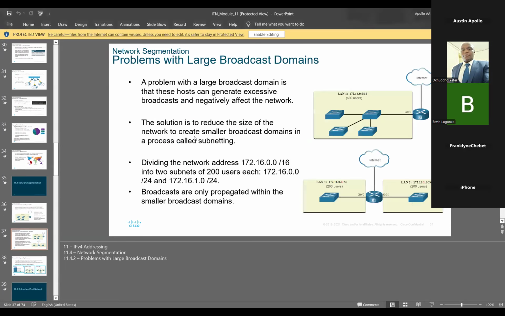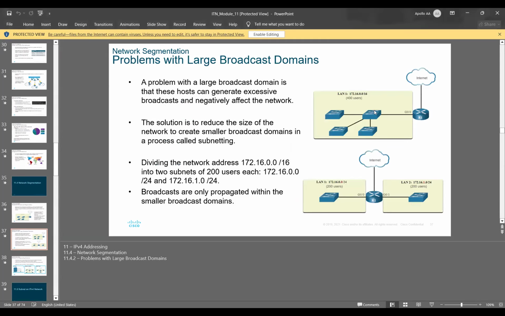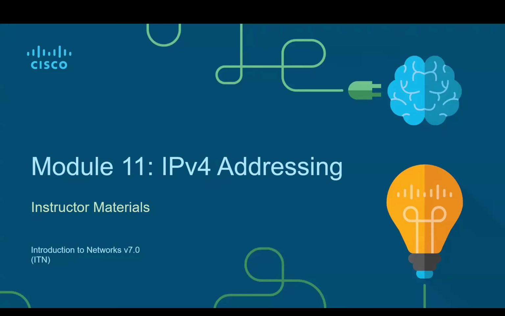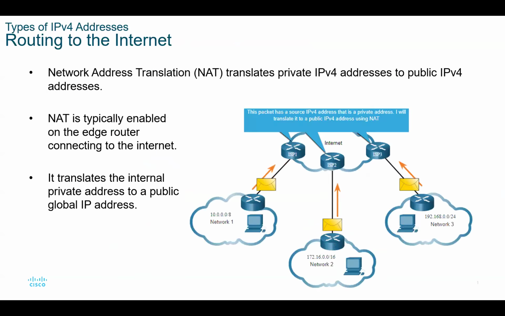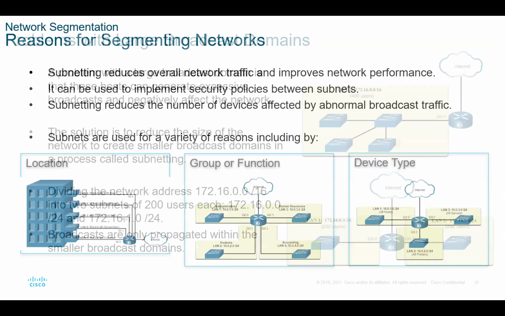So then there are problems with large broadcast domains. The issue with large networks is this: look at this example given here. Let me just try and make this one better a bit. Okay, here.